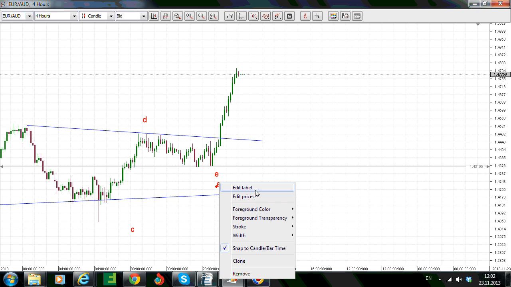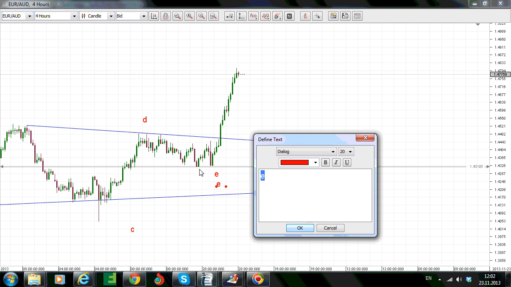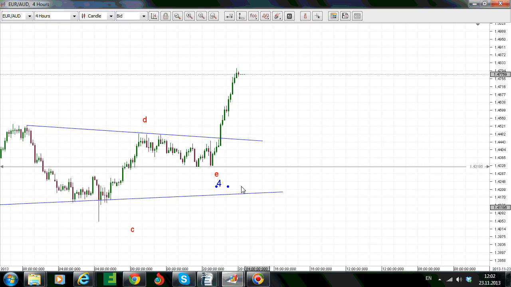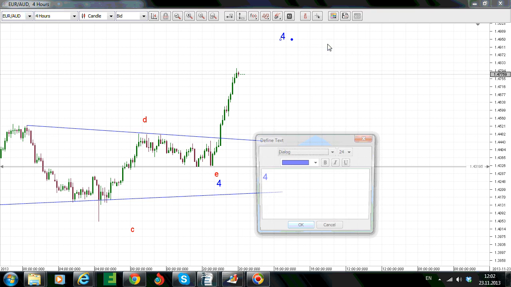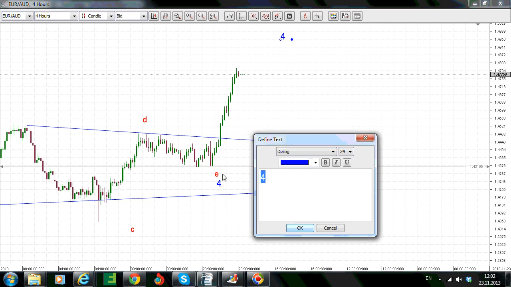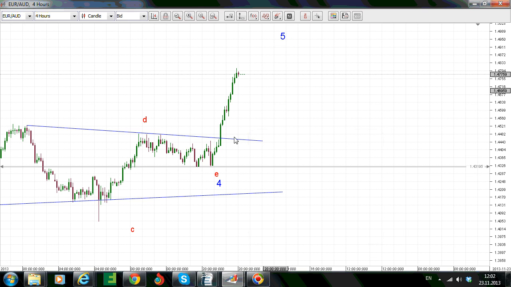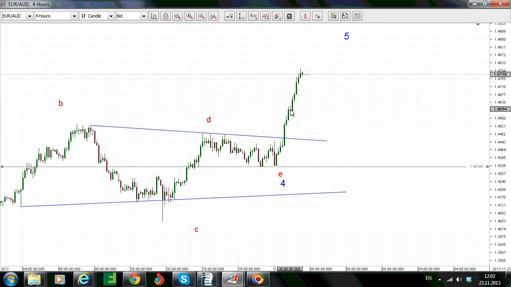Now from this moment on, what are we looking for? Well, we are looking at a powerful move to the upside, to be a fifth wave type, as this is a fourth wave type out of this degree. So we are looking at a fifth wave type, most likely an extended impulsive move, as this move to the upside is extended. And in order to analyze this one, you should go on the lower time frame, even on the 1 hour chart.